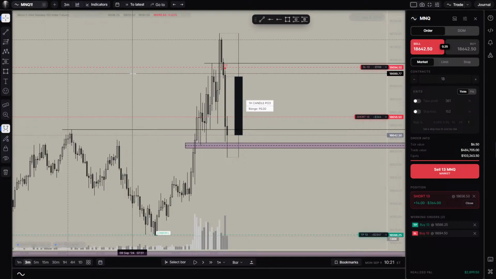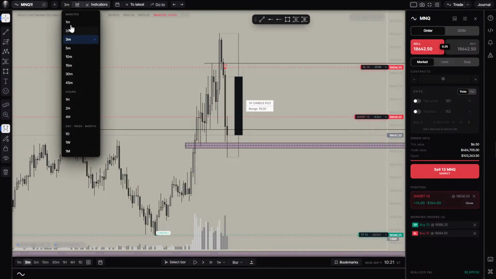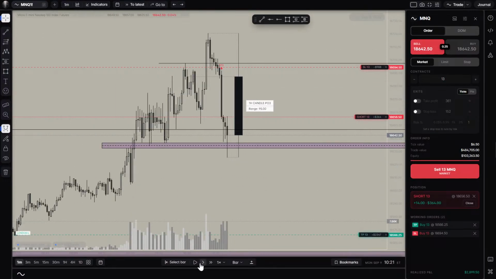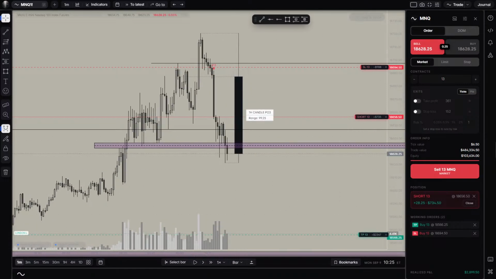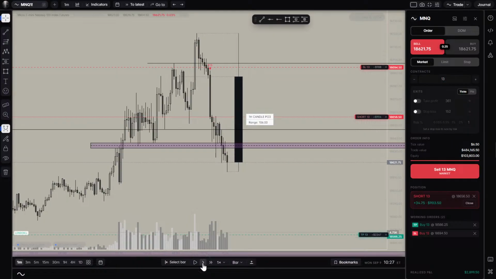Let's look at 3 minutes. But I believe in this setup. Let's see. Okay, we got a closure. Can move. Now we are break even.